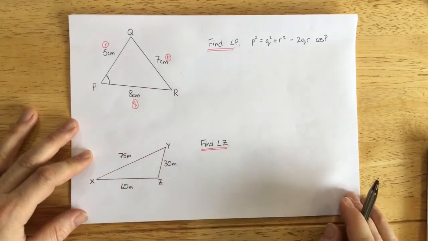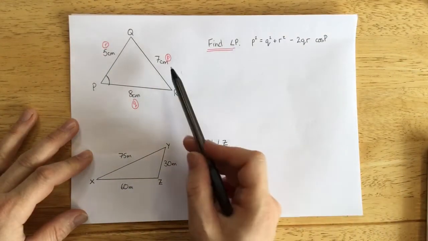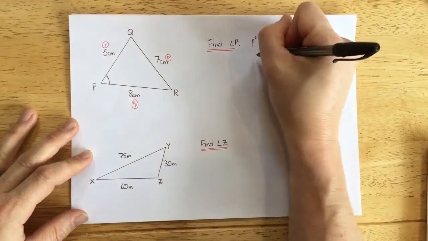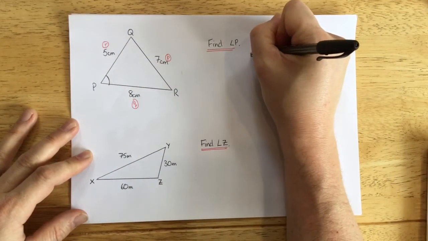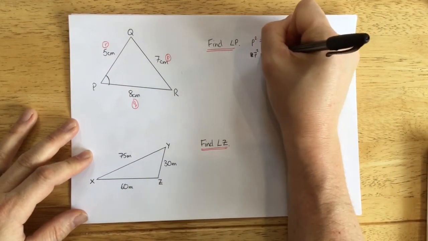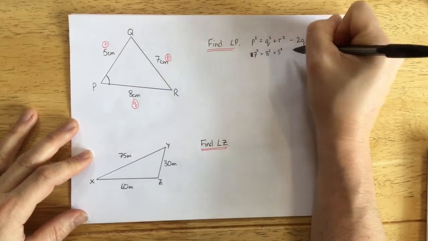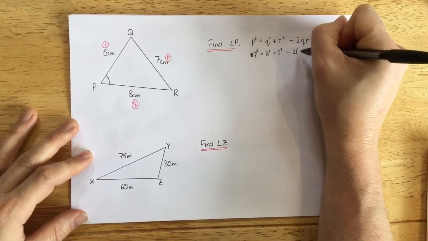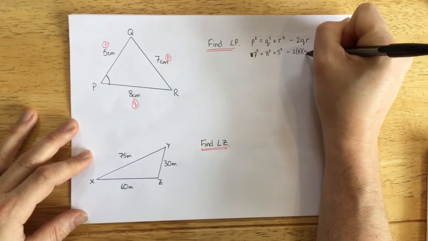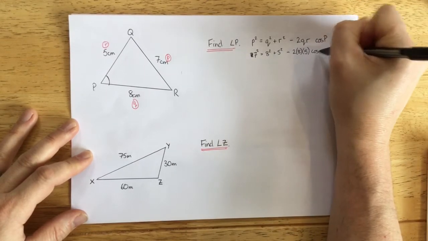Now let's fill in what we know. This time it's a slight difference because we actually know the first letter. So this is 7 squared is equal to 8 squared plus 5 squared minus 2 times q, which is 8, times r, which is 5, times the cosine of p.